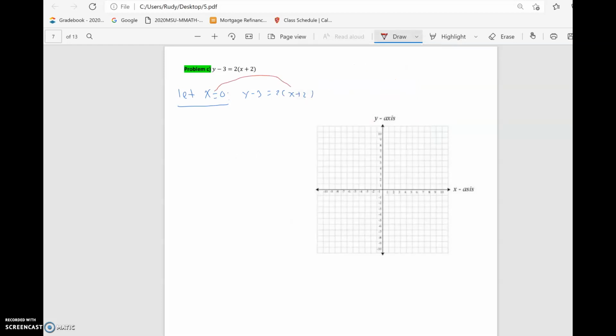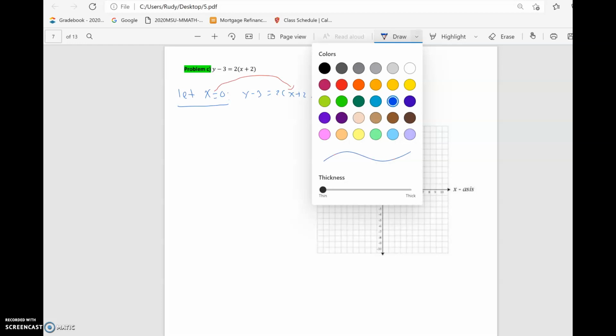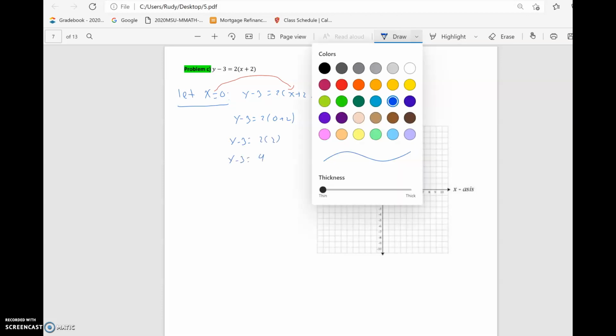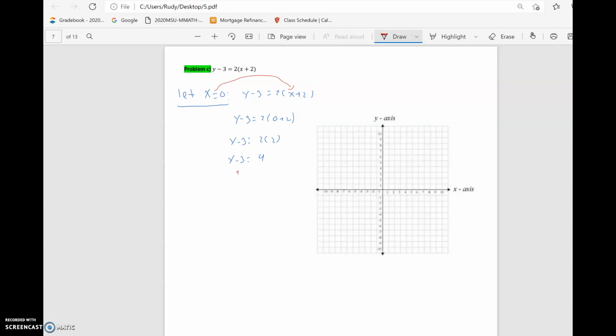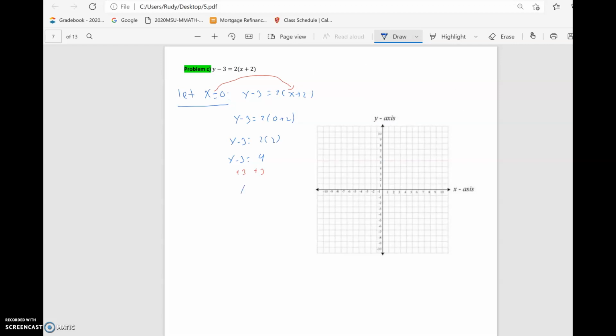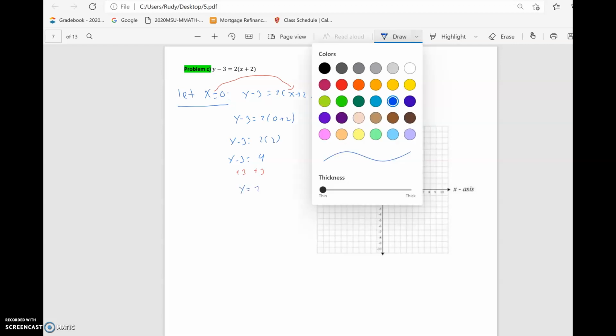You could also simplify the equation, that may actually be best. In this case, y minus 3 is equal to 2 times 0 plus 2, or y minus 3 is equal to 2 times 2, or y minus 3 is equal to 4. And then we're going to be adding the 3. So y is equal to 7.